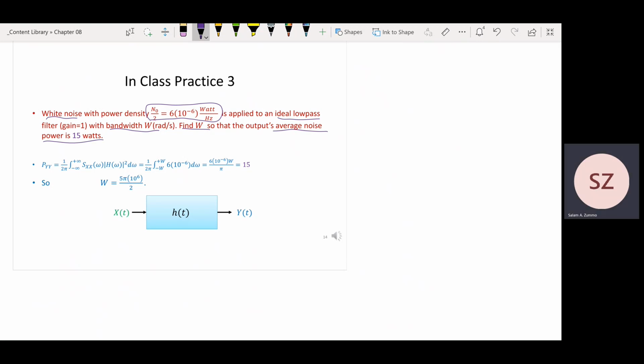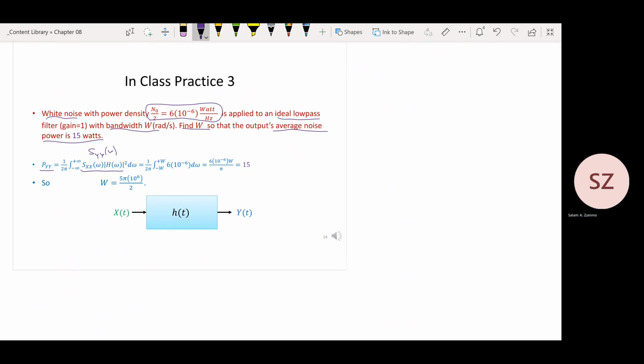So I can give you the bandwidth and ask you for the average power, or here is the opposite. So simply you just use the power spectrum. The average power is the integral, or the area under the curve, of what? What is this? S_YY, right?